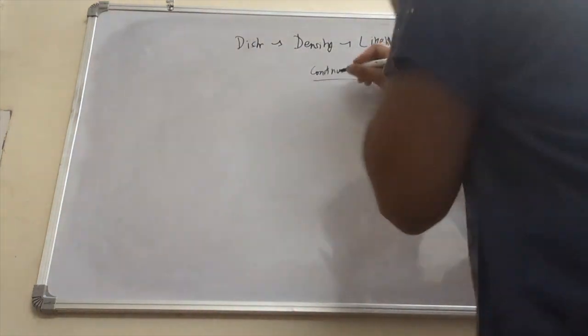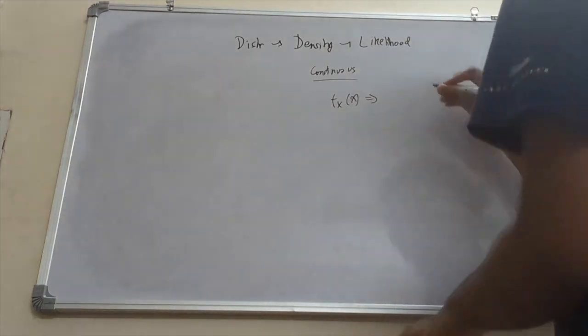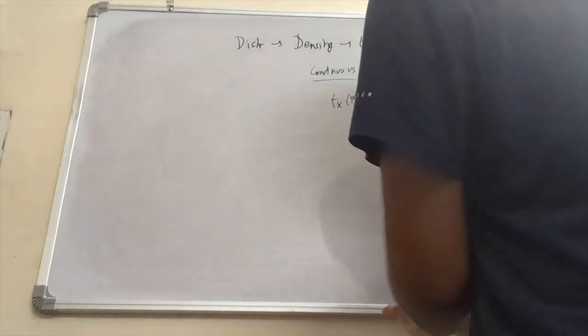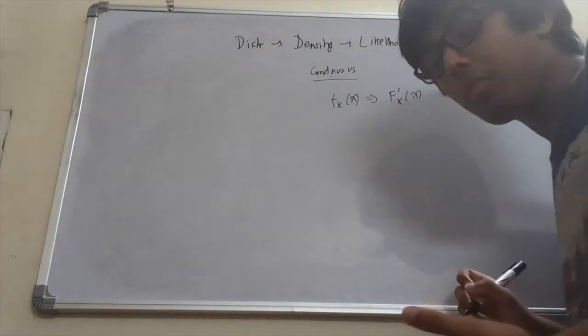And now if you look at the continuous random variable, well, f of x is basically just defined as the derivative of the distribution function at that point, right?